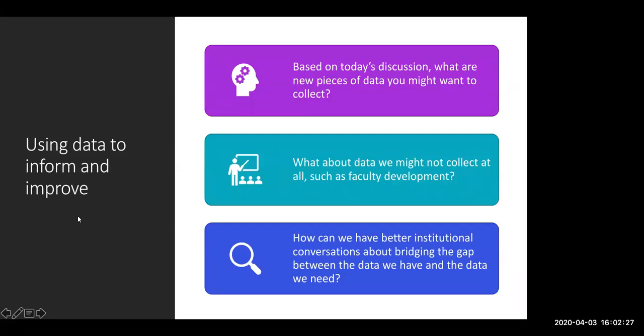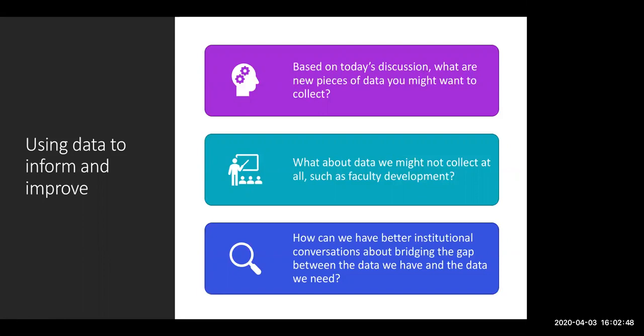So these are a lot of things that we talked about today when using data to inform and improve. What are some new pieces of data that you're thinking right now you might want to collect? If you're in faculty development or instructional design, it may be that you're going to start to collect information about instructor satisfaction related to faculty development or the course design process.